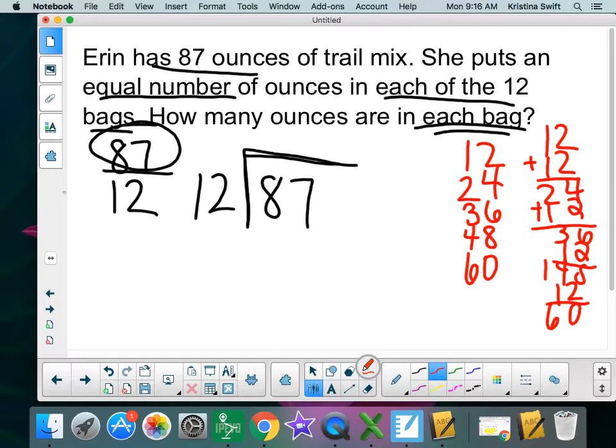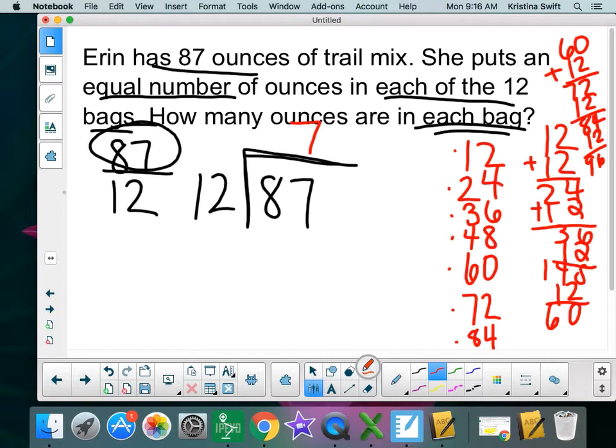All right, I'm going to have to come up here. 60 plus 12, 72. I'm getting close. So add 12 again. That's 84. I'm getting really close. I'm going to add 12 more, and I get 96. That's too big. So I'm going to go with 12 times 1, 2, 3, 4, 5, 6, 7.